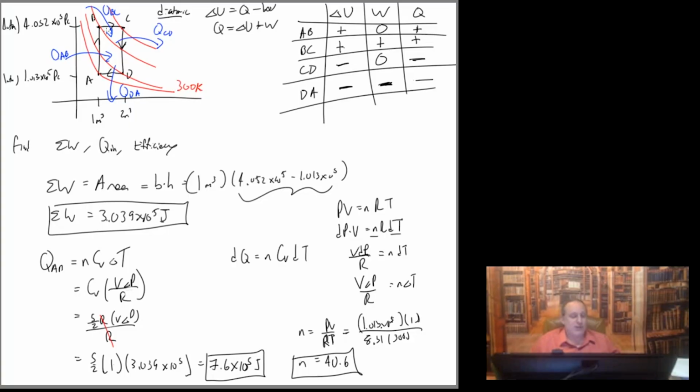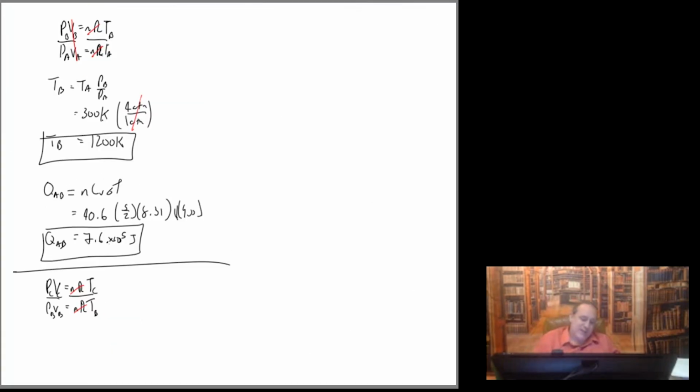What's constant is the pressure, right? So the pressure is the same between point B and point C because we have a horizontal line. So that means I can just cancel out those pressures. They are the same. And TC is equal to TB times VC over VB.